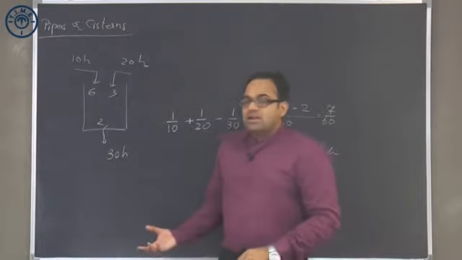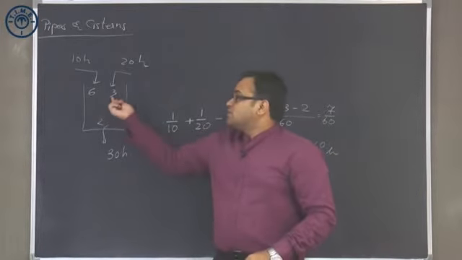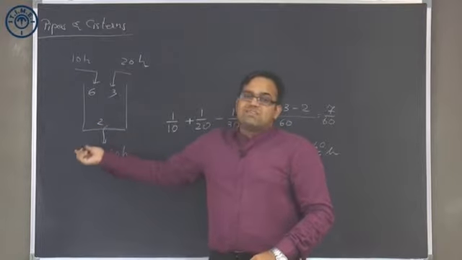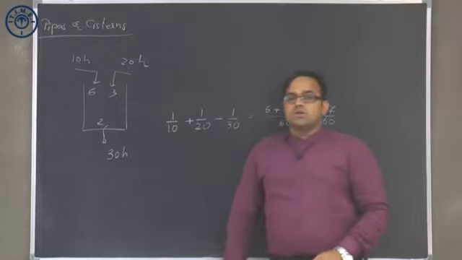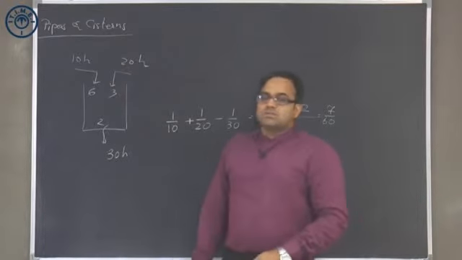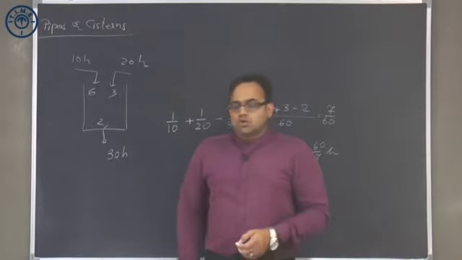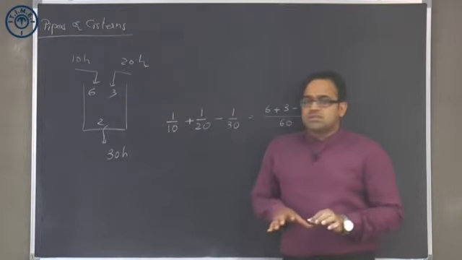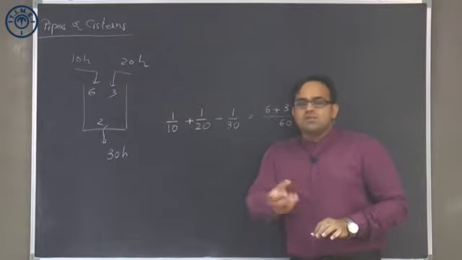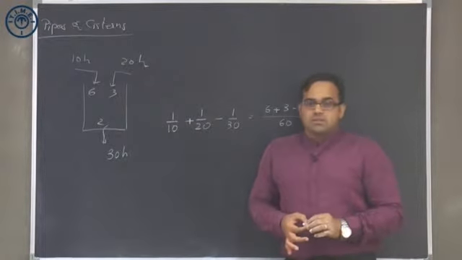So the effective rate at which I am filling the tank is 6 plus 3, 9, 9 minus 2, 7 units per hour. If 7 units per hour, total requirement is 60 units, the time taken will be 60 upon 7, answer. So you should remember this. For questions based on pipes and cisterns, the LCM method would in general work out better than any other method.